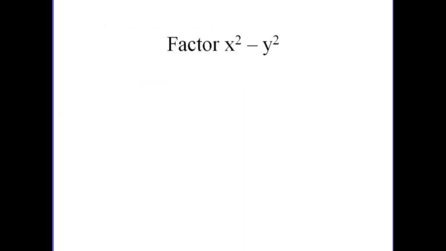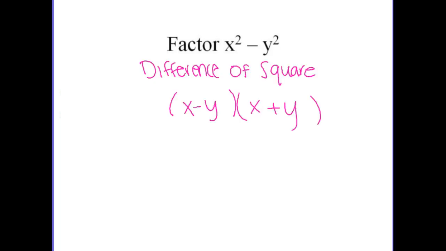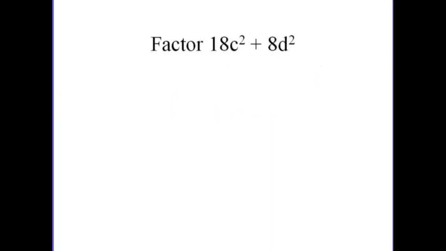Okay, number 3 is a special formula. We're going to review it tomorrow. It is called a difference of squares. So again, if you didn't know 3, we are going to do a review of that tomorrow. And number 4, you could take out a 2.